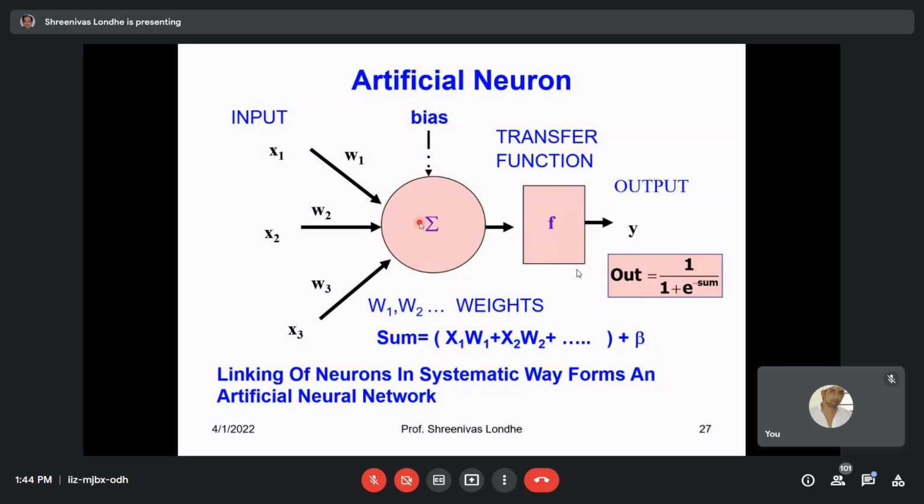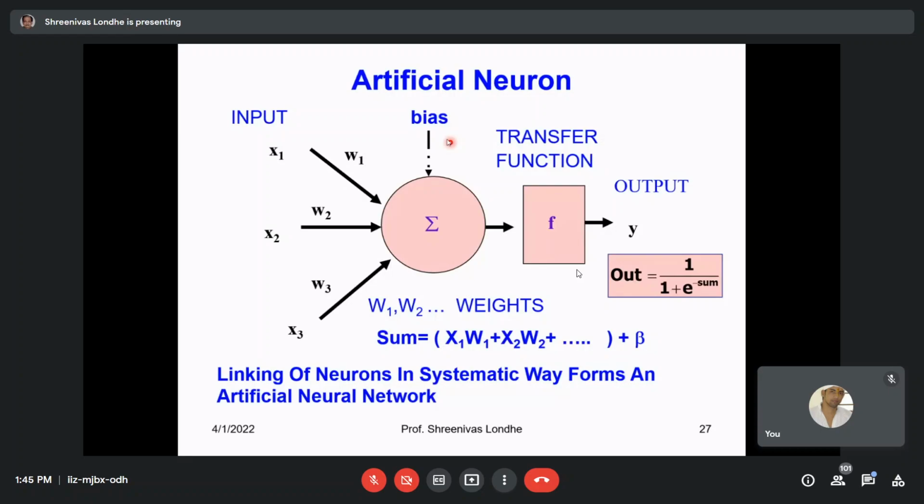Therefore, for the signal to fire every time, we always add a bias in that summation. It is supporting some particular parameter information which is given to the summation, and because of that the signal becomes stronger. Again, x1 w1, x2 w2 and addition of a bias, this is nothing but a summation.